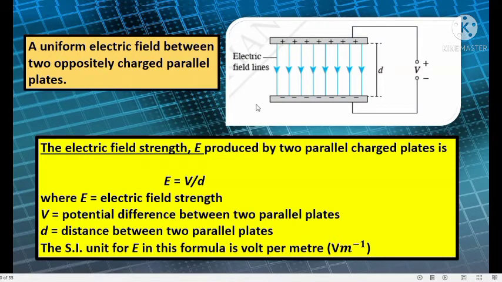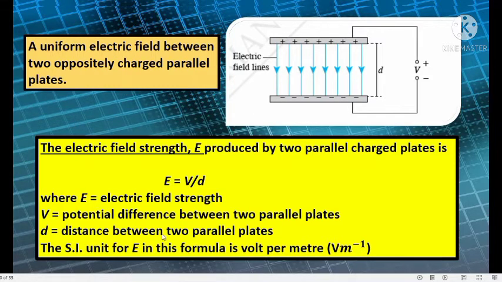So if we have this situation, then we can have one more formula. The electric field strength E for two parallel plates is E equals V divided by d. V is the potential difference between the parallel plates, and small d is the distance between the two parallel plates. The SI unit for E in this formula is volt per meter, V m^-1.